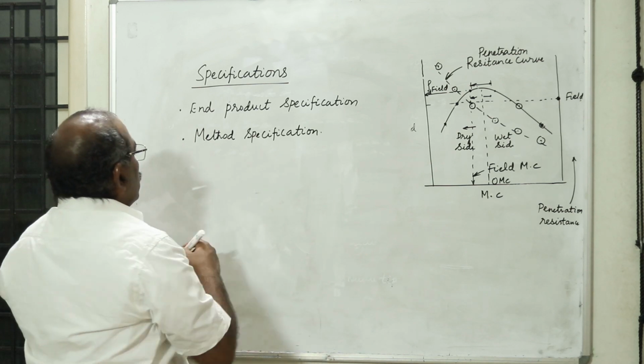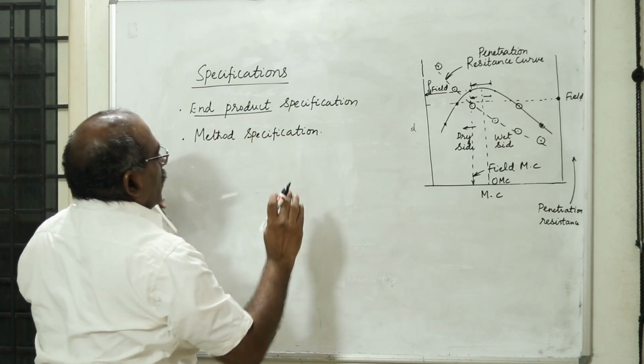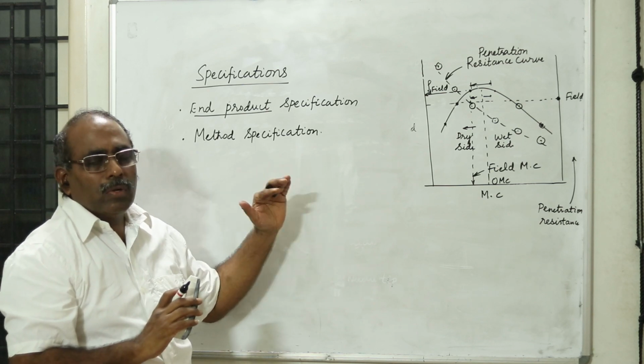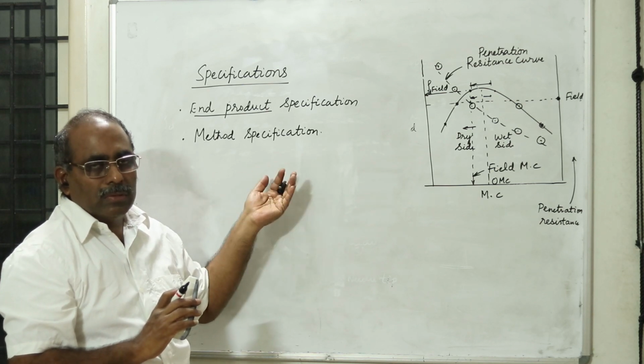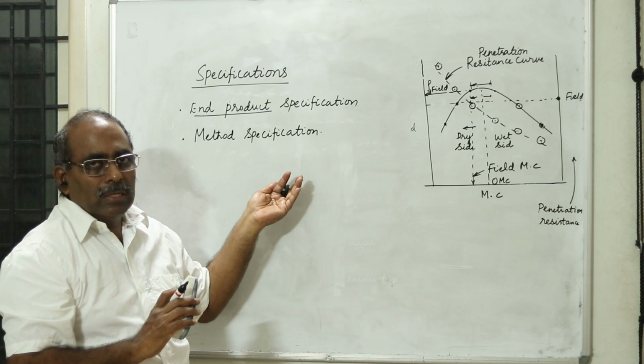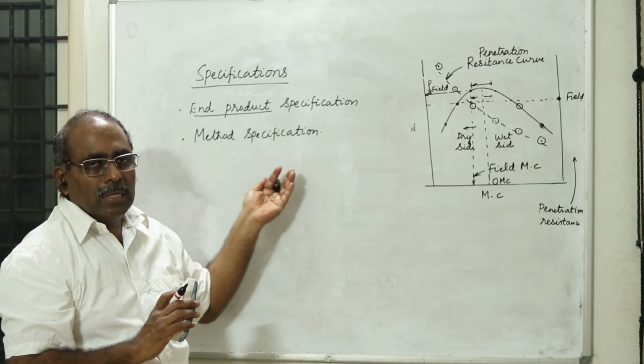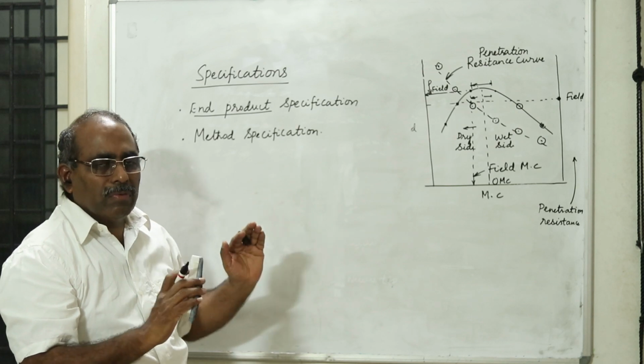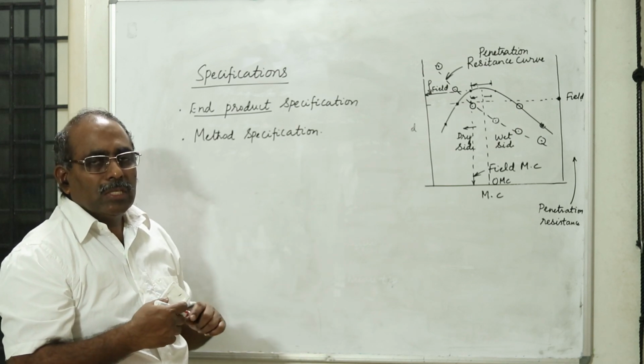Therefore, I am going to give an end product. The contractor is going to be told in the contractual agreement that I need to achieve this amount of compaction. Therefore, I need my OMC to be so much, the tolerance is so much, plus or minus 1% or 0.5%, and my density should be so much.